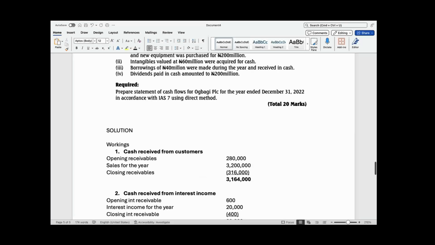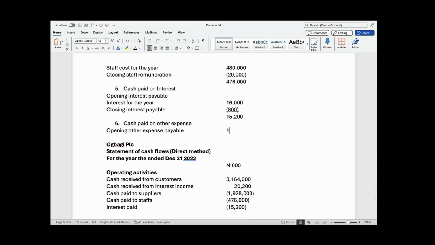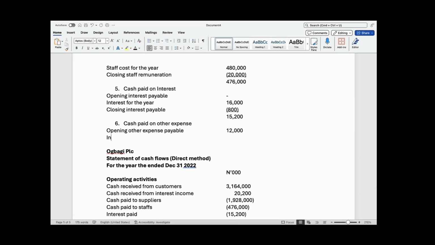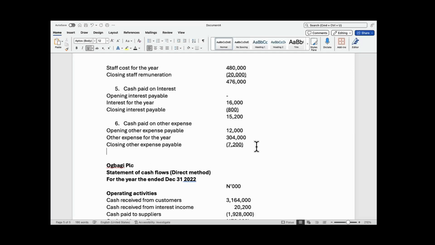Then other expense for the year was 304,000. Then what's my closing other expense payable? 7,200. So how much was the cash paid?